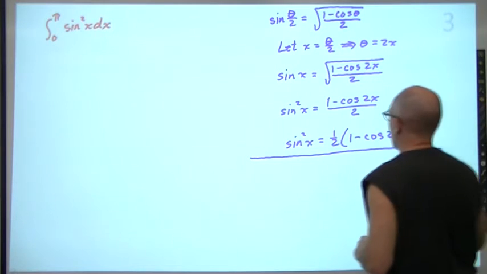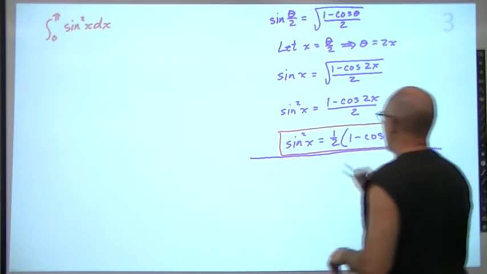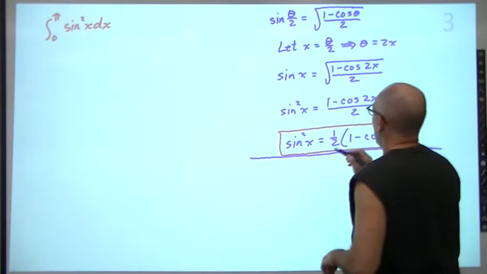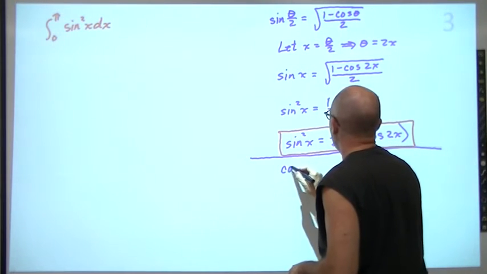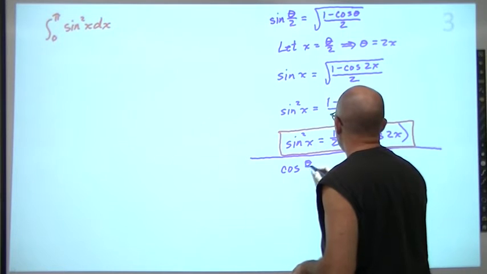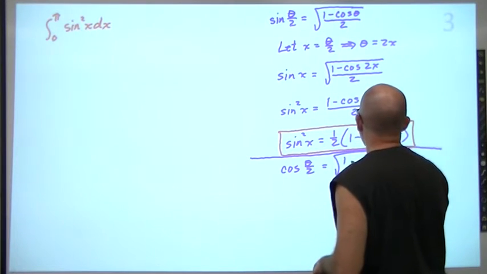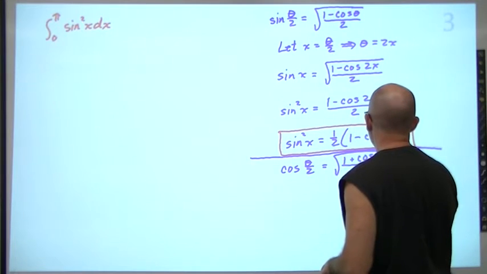So, now, I'm going to go through this one more time with cosine. So we'll just squirrel this puppy away because we'll want that for our integral right there. But the same thing can be done with cosine theta over 2, because we know that equals the square root of 1 plus cosine theta, all divided by 2.